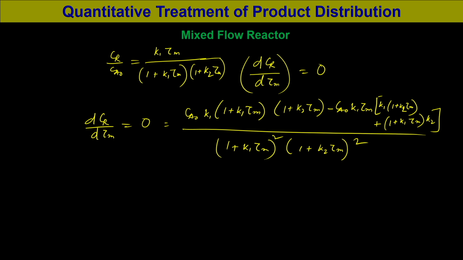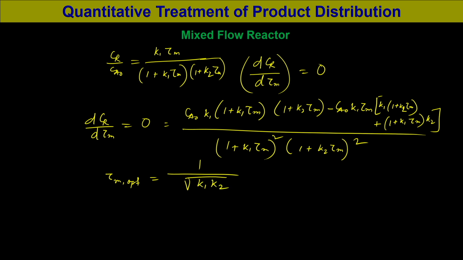And if we simplify this, we would obtain tau m optimum would be equal to 1 by root over K1 K2.